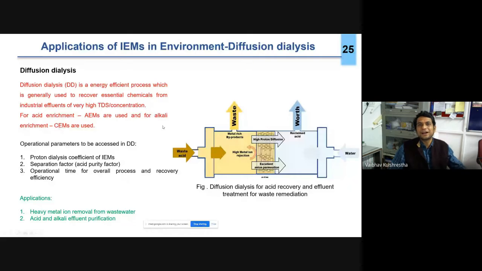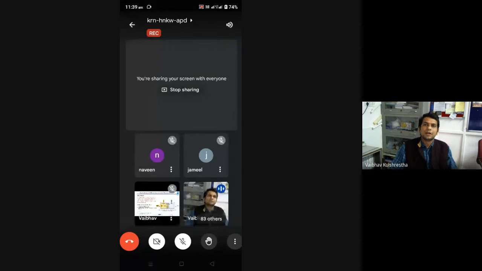Another is diffusion dialysis. Diffusion dialysis is basically used for the recovery of waste acid, where some ions are also present. It's an energy efficient process which is generally used to recover essential chemicals from industrial effluent of very high TDS concentration, and also used for acid enrichment.